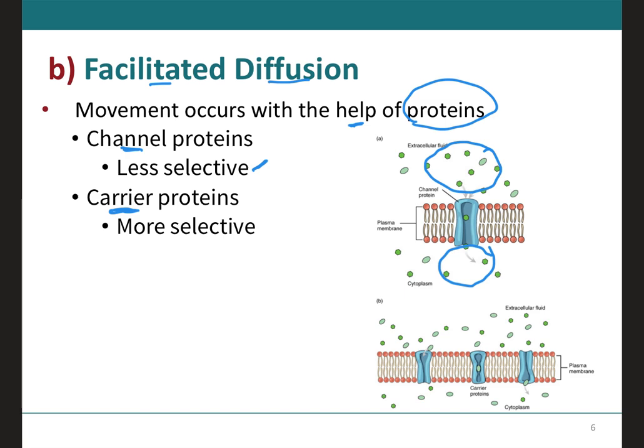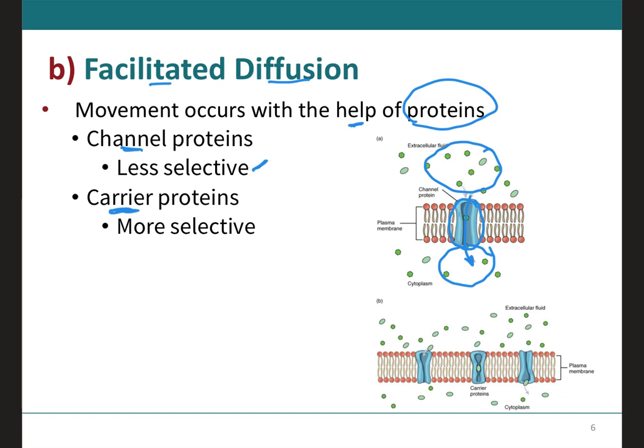Therefore, their diffusion is facilitated by membrane proteins that form a sodium channel, which can also be called pores, so that the sodium ions can move down their concentration gradient from outside the cell to inside the cell. There are many other solutes that must undergo facilitated diffusion to move into the cell, such as amino acids, or to move out of the cell, such as waste products.